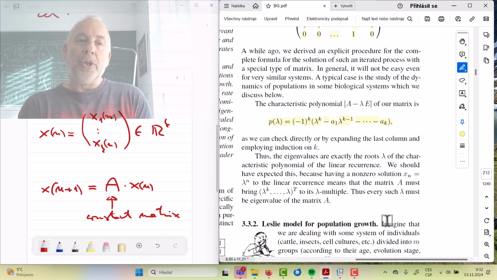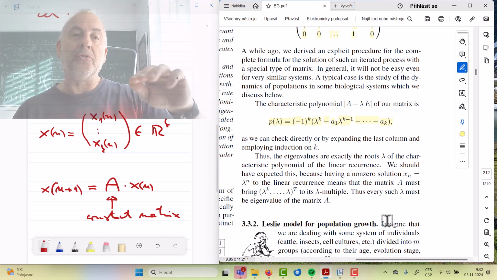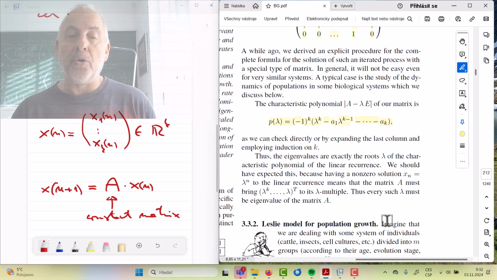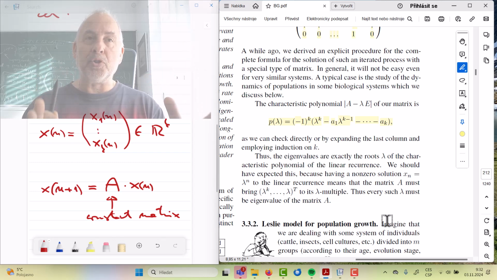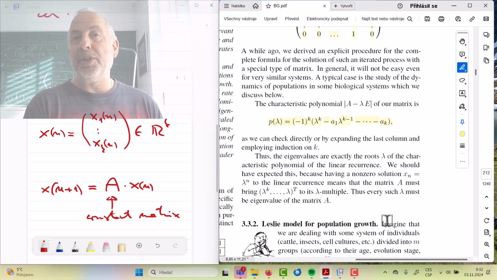So if you would be able to decompose the original vector into eigenvectors, a linear combination, so that's the case where the matrix is diagonalizable in some reasonable coordinates, which we did in the last couple of weeks, then automatically you end up with the fact that the big lambdas in absolute value dominate, whereas the small ones will sort of relatively disappear. In particular, if they are in absolute value less than 1, they completely disappear via the iteration.